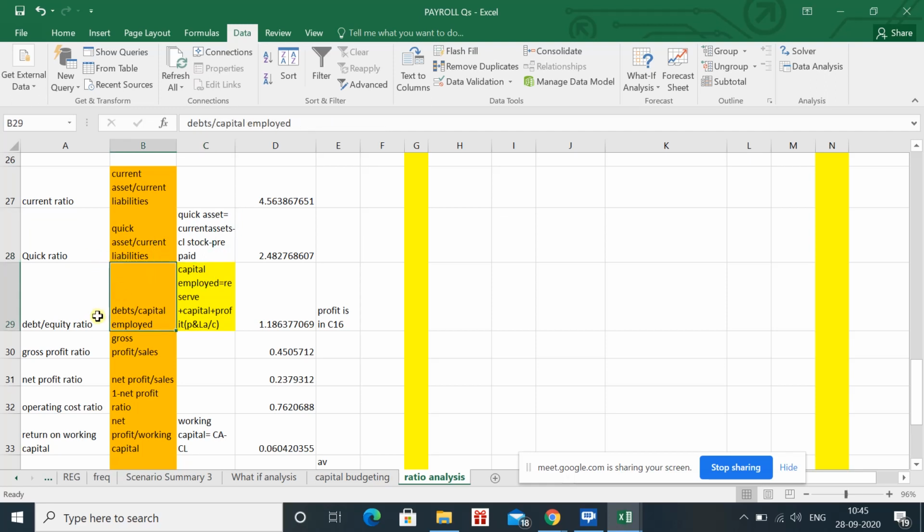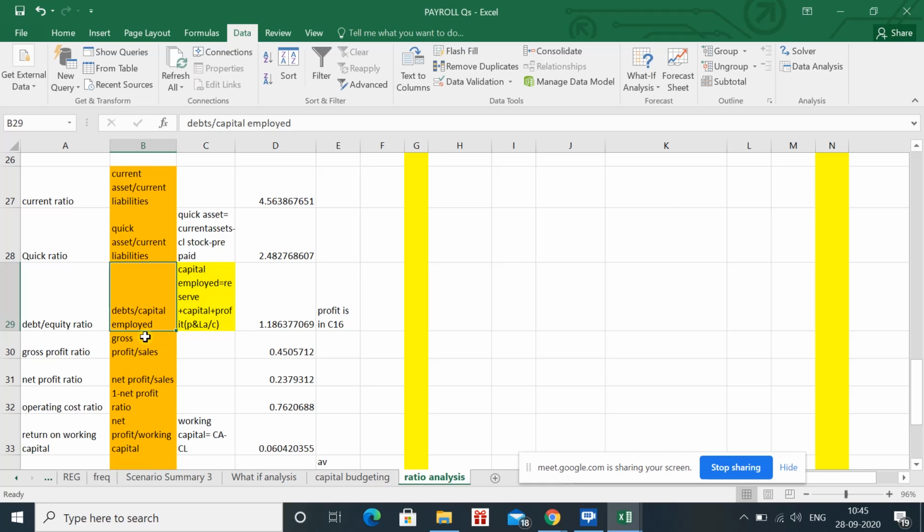Then for the debt equity ratio, the formula is debt divided by the capital employed. Debt is the loans, secured and unsecured; both loans will be considered as debts.